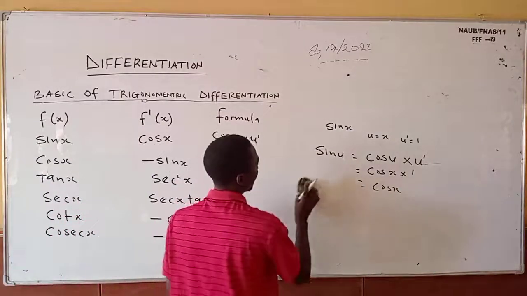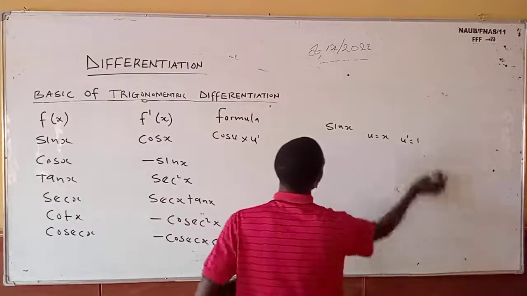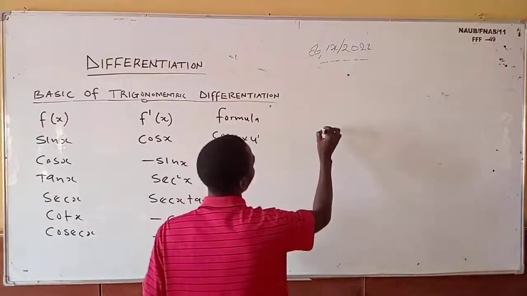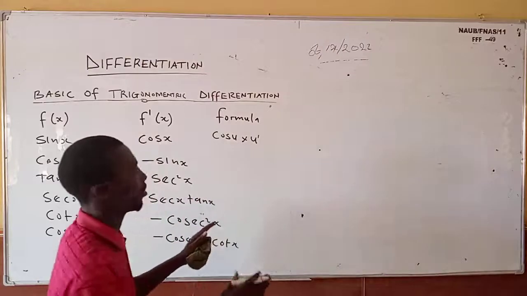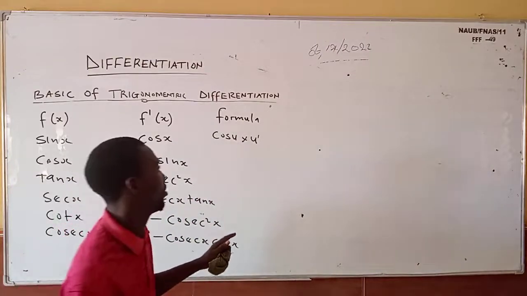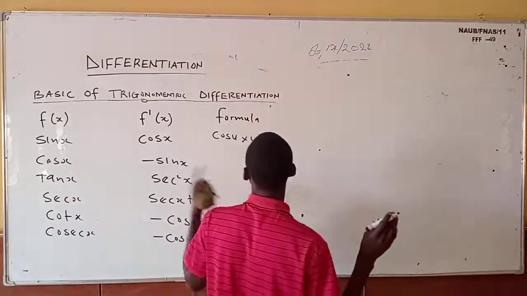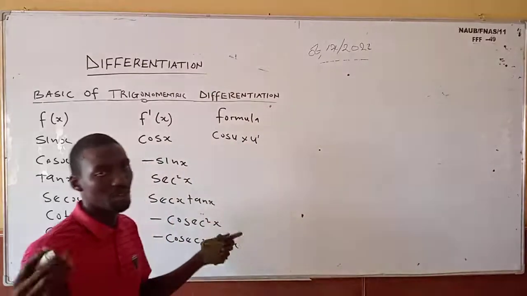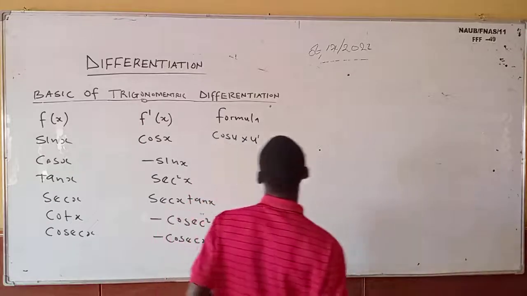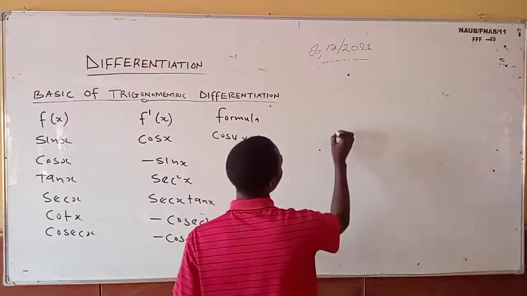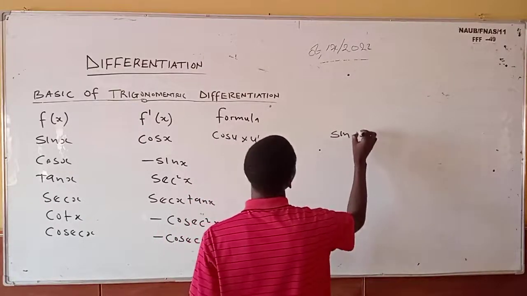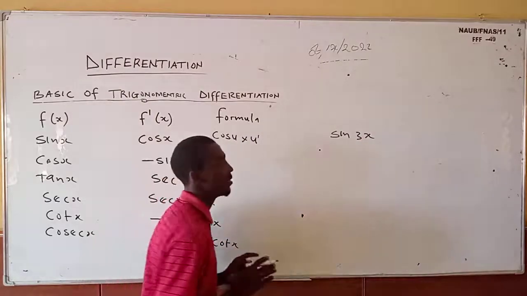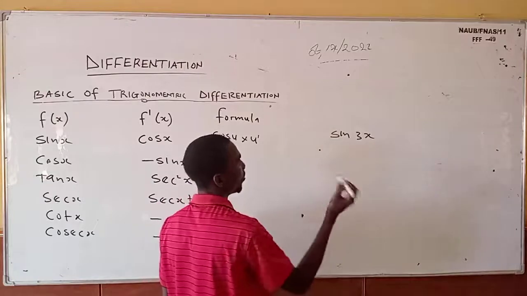Now let's take another example again, so we understand this. Understand why I'm writing that, because I'll be giving you all this stuff even in other videos, like basis of logarithm, basis of exponential, giving the formula. Let's assume that we are given sine 3s. From the formula, if you have sine, just write in the form of u.